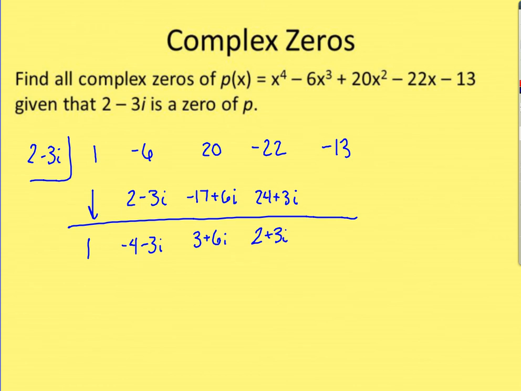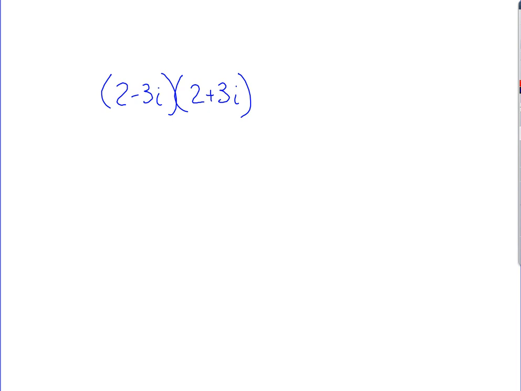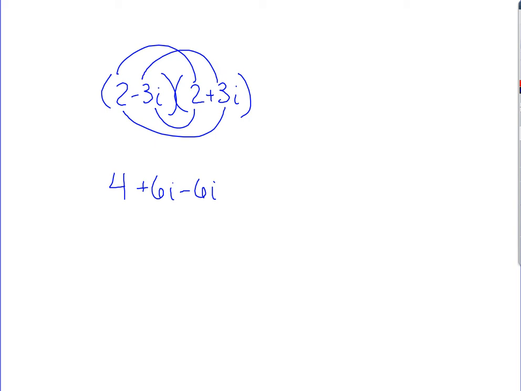We are going to have to do foiling one more time. We have 2 minus 3i times 2 plus 3i. So 2 times 2 gives us 4. Outside, 2 times 3i is 6i. Inside, negative 3i times 2 is negative 6i. Negative 3 times a positive 3 is a negative 9i squared. But i squared is negative 1, so this turns positive.